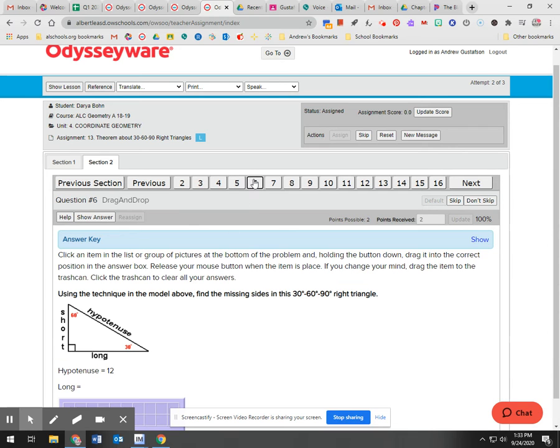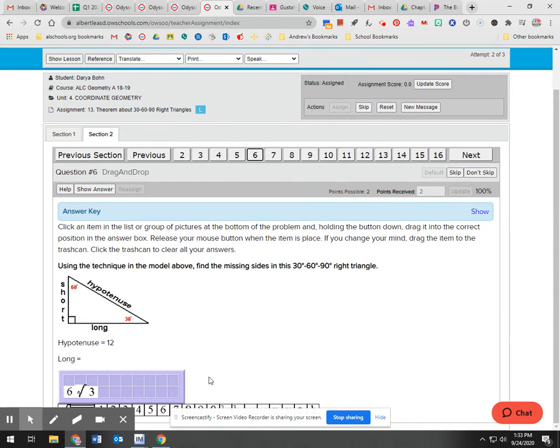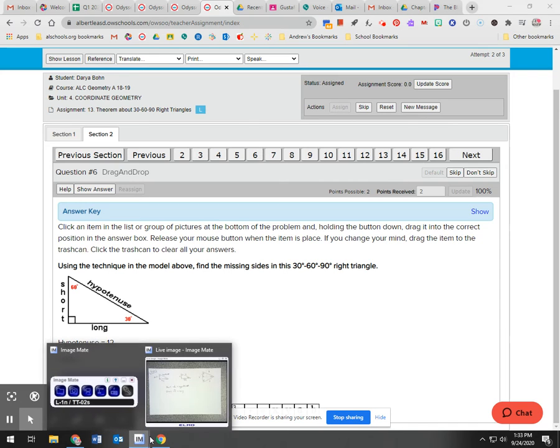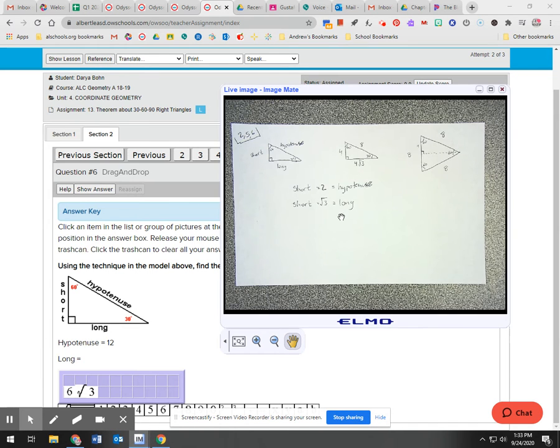Let's look at one more, number 6. This one says the hypotenuse is 12, and we want the long leg. If I want to know the long leg, I need to know the short, because it's just short root 3 equals the long.